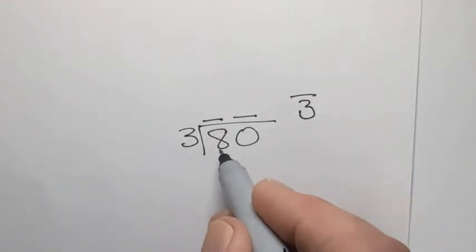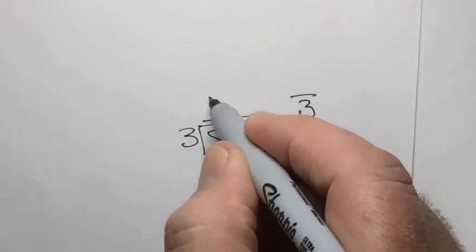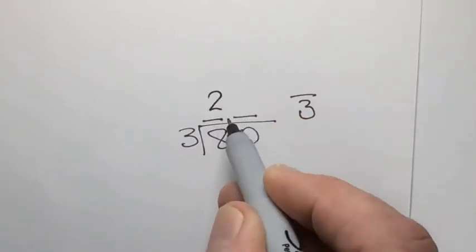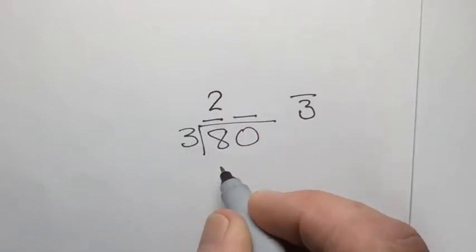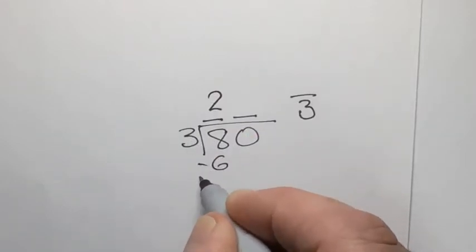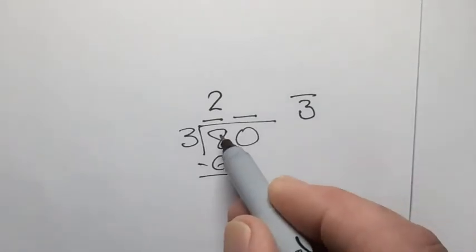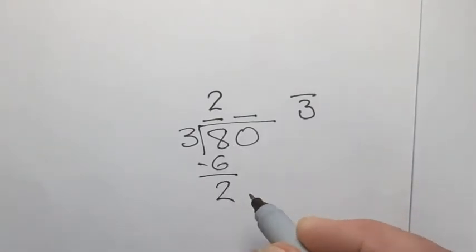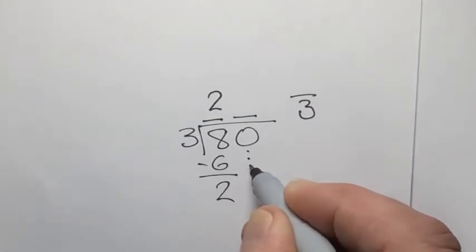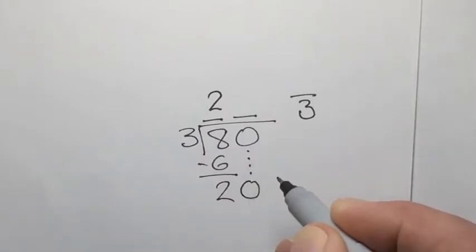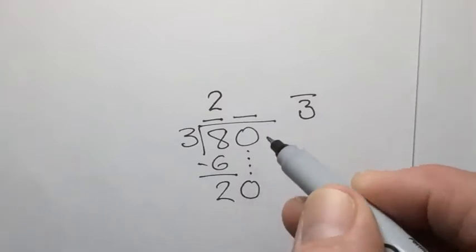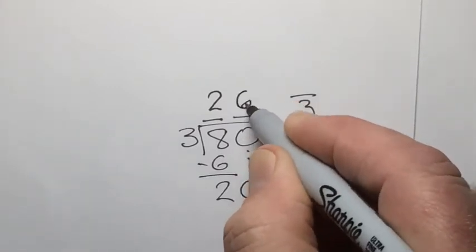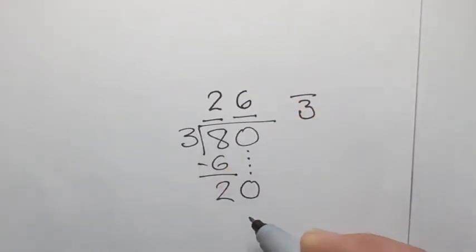So 3 into 8, well, that would be 2 times. I'll be able to fit 2 groups of 3 into 8. So 2 times 3 would be 6. And then 8 take away 6 would be 2. To get my other number, I'm going to drop a 0 to make it 20. And then 3 into 20, there will be 6 groups that will fit. 6 times 3 is 18.